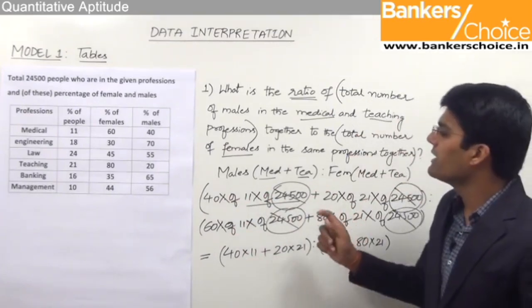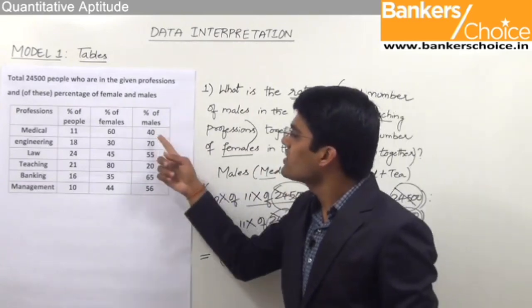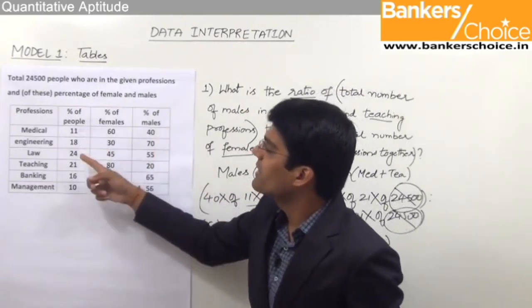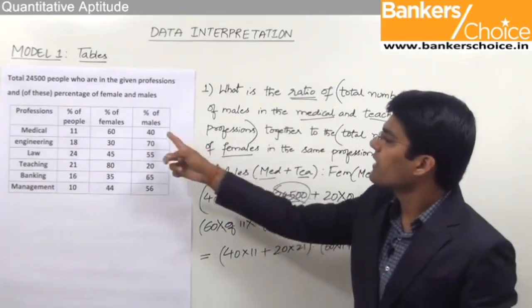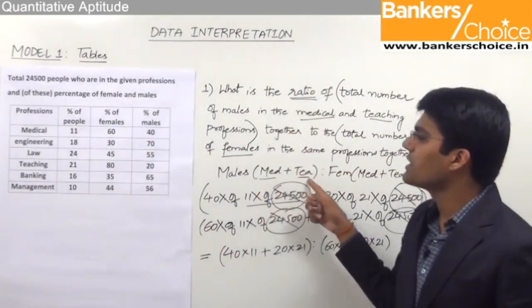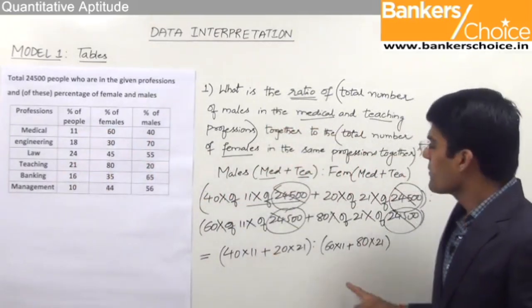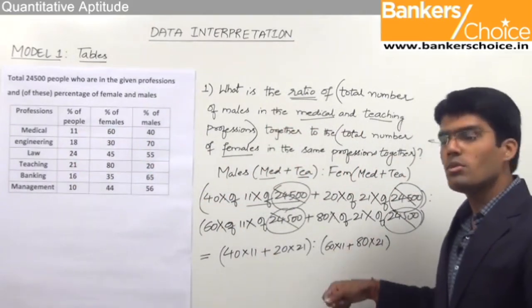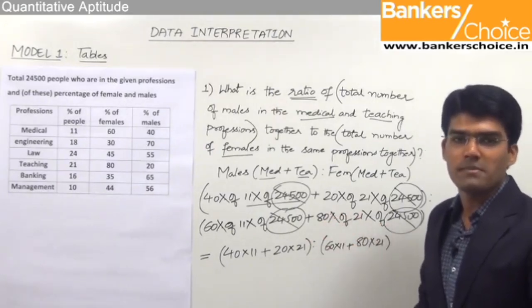For example, when we are talking about males in different professions, only the percentage of males and the percentage of people in those professions will be required. That is, males in medical, 40 and 11 is what is relevant. Similarly, males in teaching, 20 into 21 is what is required. Likewise, for females also, 60 into 11 and 80 into 21 is what will be actually the thing to be simplified.